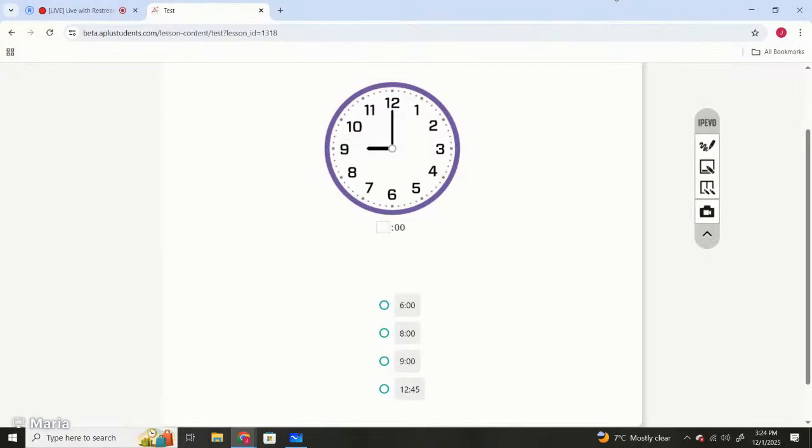What time does the clock show? That is 9 o'clock, right? The correct option is option number 3, 9 o'clock it is.